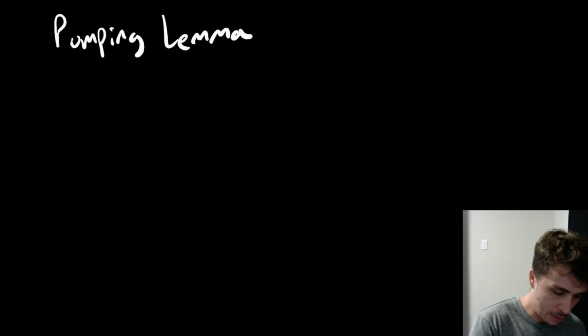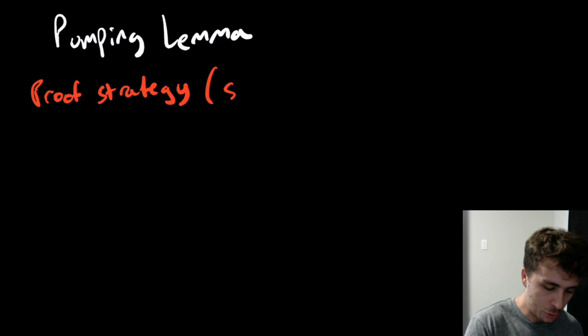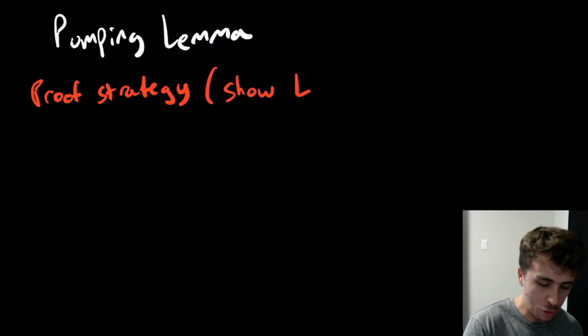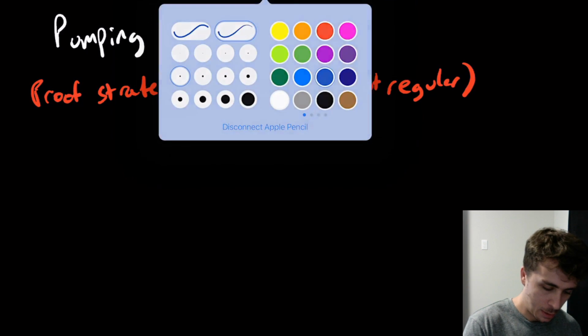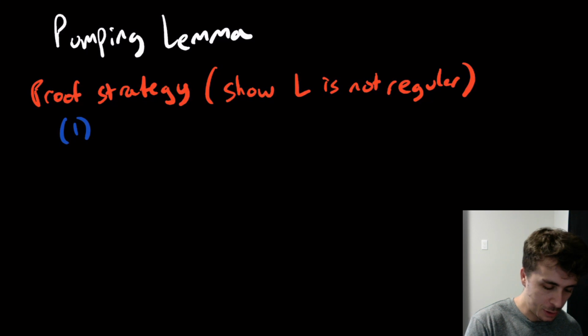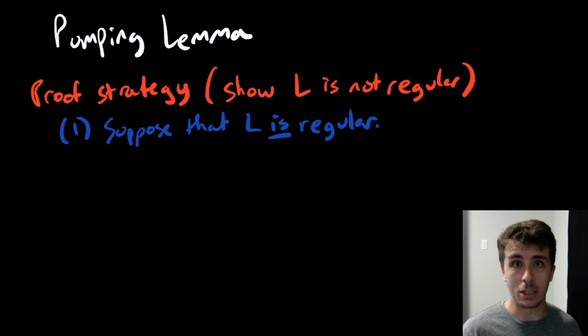So the proof strategy that we're going to use to show a language L is not regular is the following. We're going to first suppose that L is regular. So we start by doing that.